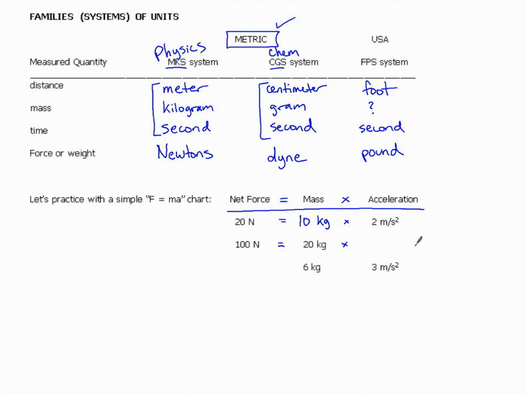Solving for acceleration, we have a net force of 100 newtons, we have a mass of 20 kilograms. Acceleration is the net force divided by the mass, 100 divided by 20, 5 meters per second squared. Looking for the net force when the mass is 6 kilograms and the acceleration is 3 meters per second squared. 6 times 3, 18, and the units are newtons.